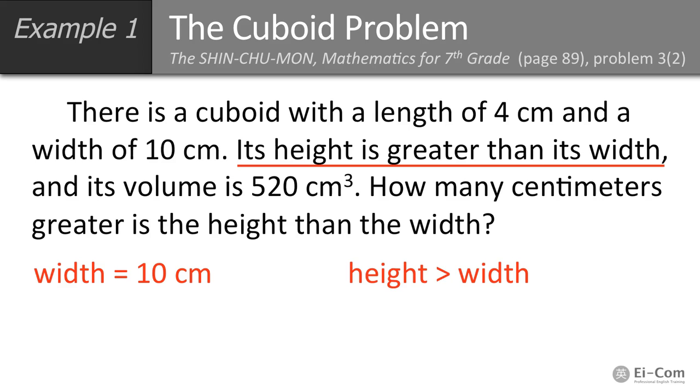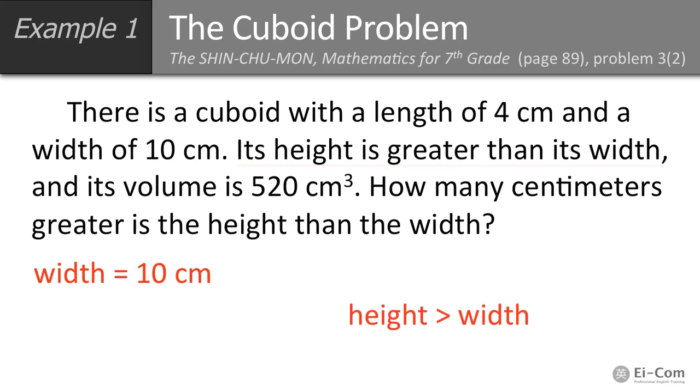However, since the exact height is not given in the problem, we can say that the height is unknown. In mathematics, letters are used to represent unknowns. In this case, let's use a lowercase h to represent the height of the cuboid.